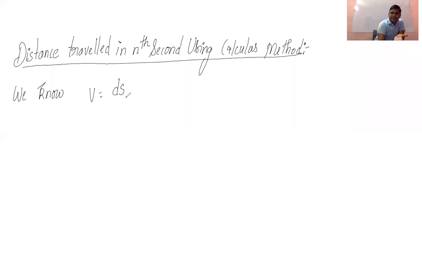How can you solve this one? You know well, you have to write like this. We know velocity is equal to ds by dt, and you can write ds is equal to v dt.